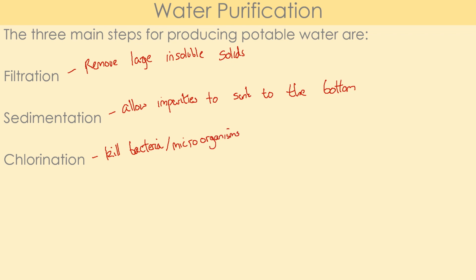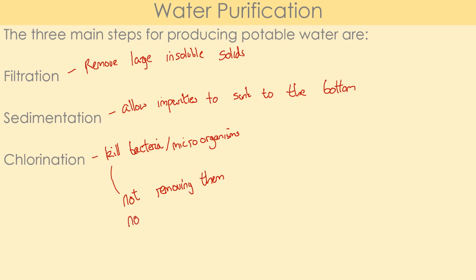That's really important at this point when we talk about chlorination. It's to kill the bacteria or microorganisms. We are not removing them, because they are still in there. They've just been killed, destroyed. They are still present.